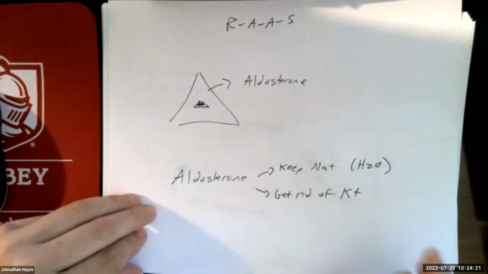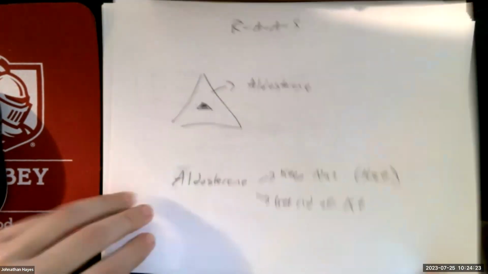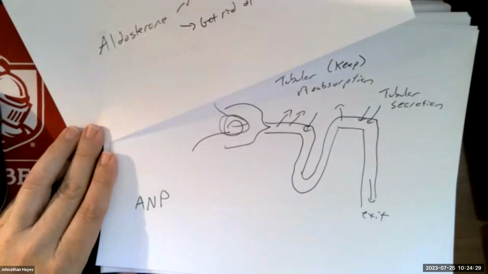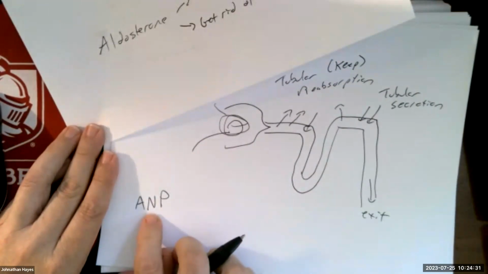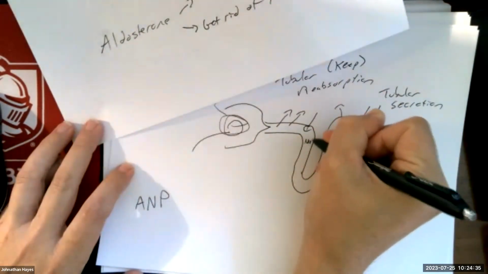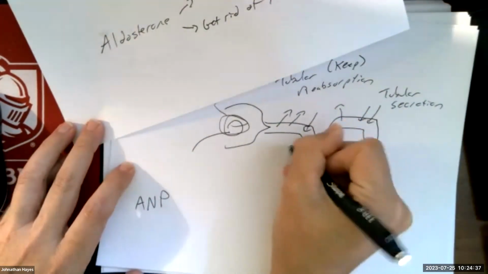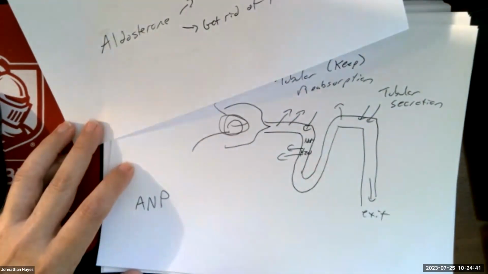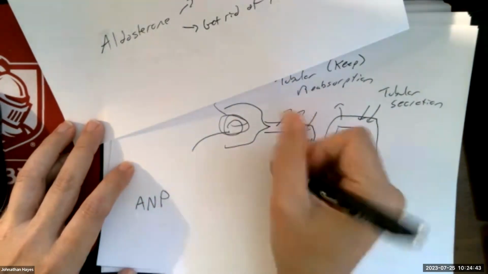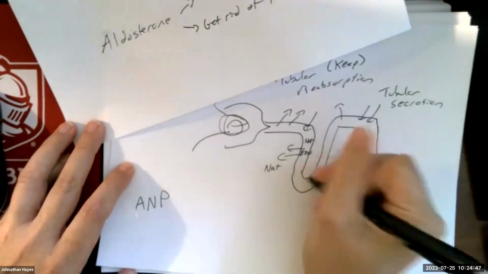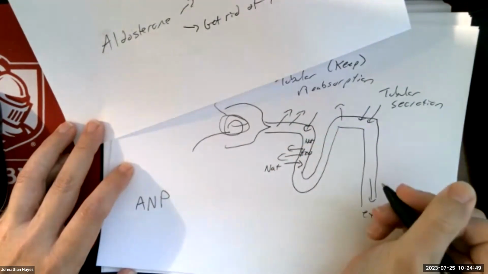So that gets reinforced later in the PowerPoint when it talks about something called ANP, or atrial natriuretic peptide. And what ANP will do is the exact opposite of aldosterone. Aldosterone will take sodium from the tubular system out, and that pulls water with it, right? But ANP, atrial natriuretic peptide, can actually take sodium from outside of the tubular system and push it in.